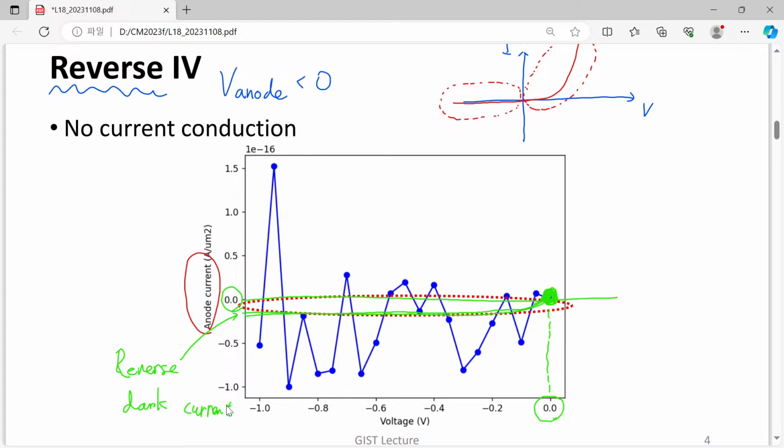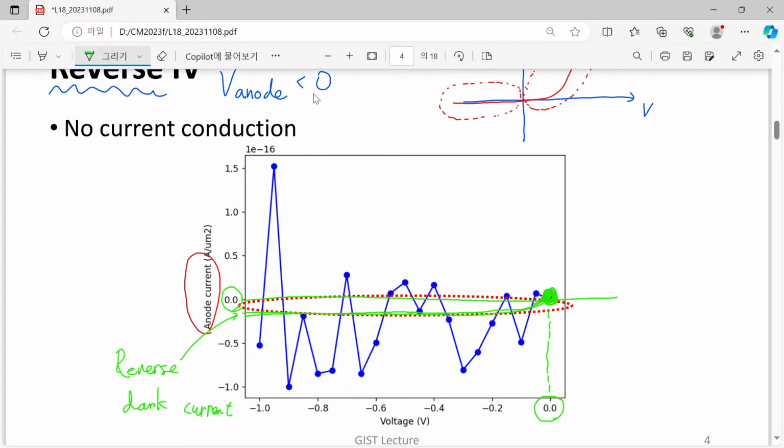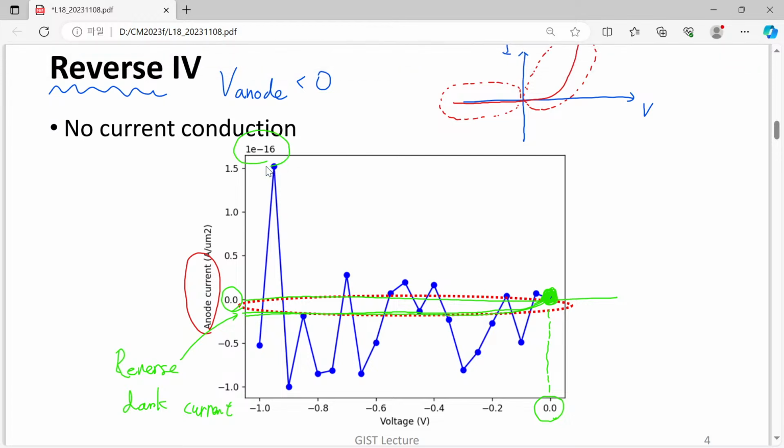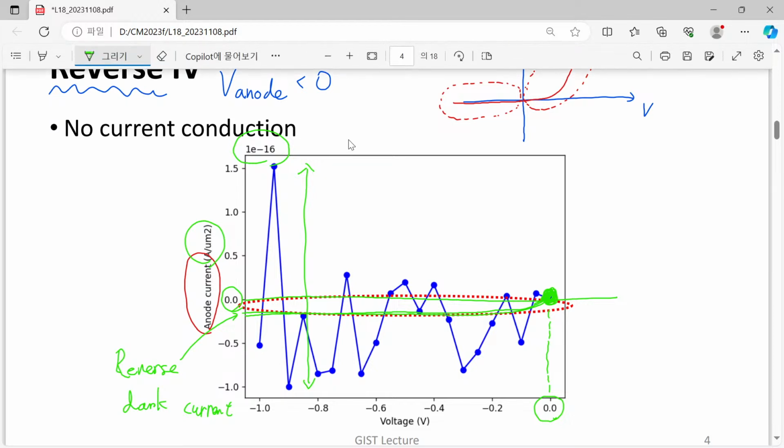However, what is the reality? The reality is, even though we have performed the numerical simulation, the value of our current is so small, on the order of ampere per square micrometer, so now it is beyond the range of our numerical accuracy.